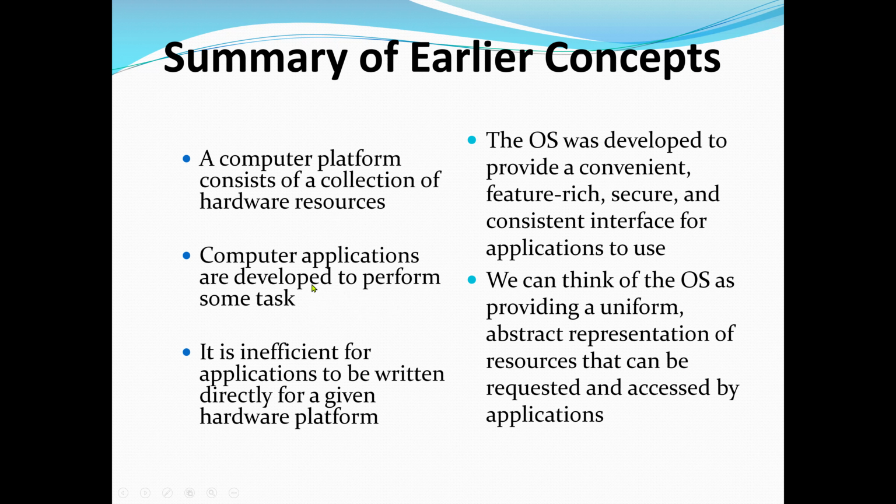So it is very inefficient for an application to be written directly for a given hardware platform. Now, the principal reasons for this are as follows. Numerous applications can be developed for the same platform. It makes sense to develop a common routine for accessing the computer's resources.